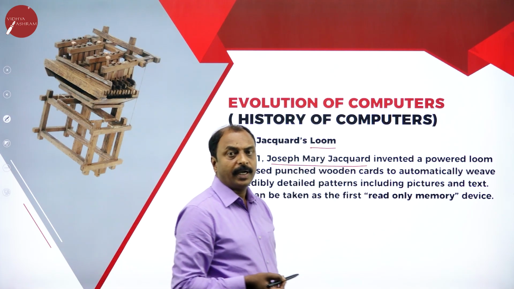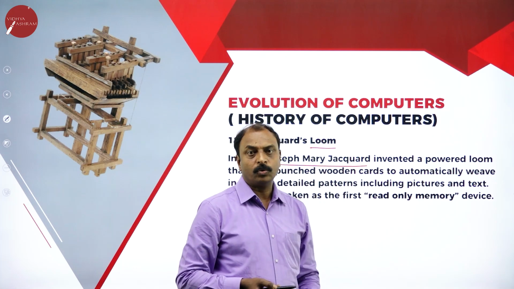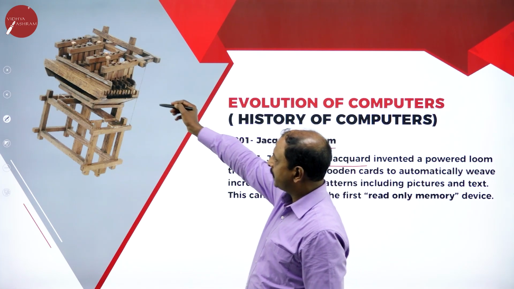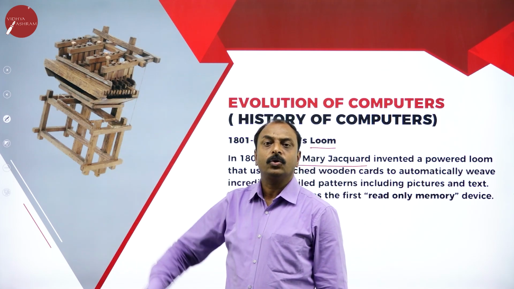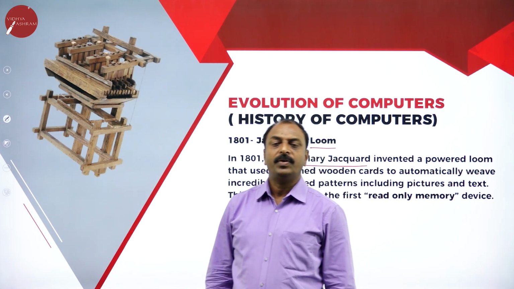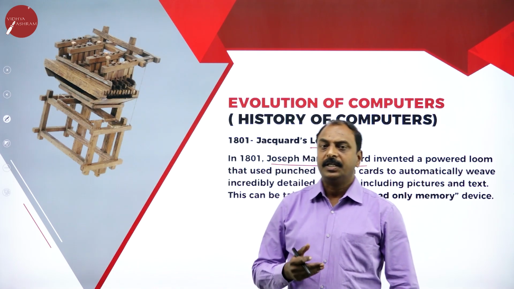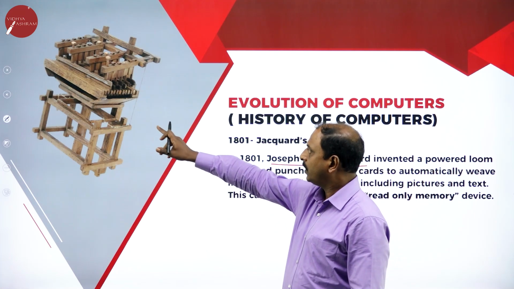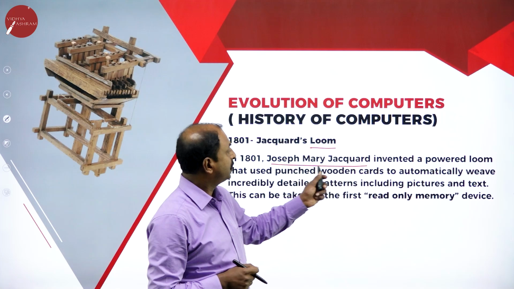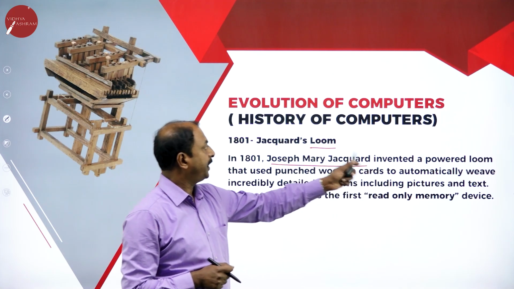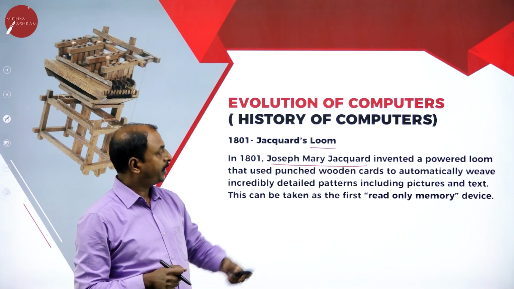It is a loom and he named it the Jacquard Loom. It is almost similar to the setup we can see even today, just like the hand loom device. How we use the hand loom nowadays, a similar setup was there for this.